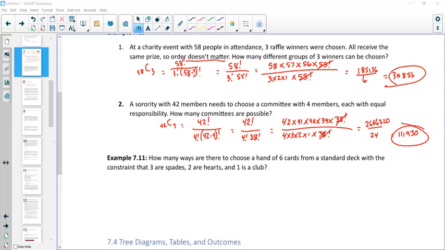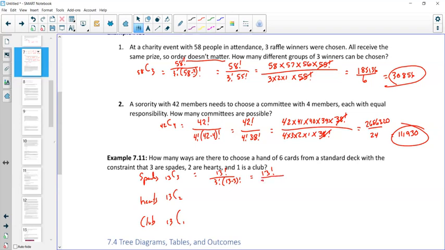So there are 13 spades. So I have 13 and I'm going to choose 3 and the order doesn't matter. There are also 13 hearts. Out of 13, I'm going to take 2. And there are also 13 clubs. I'm choosing 1.